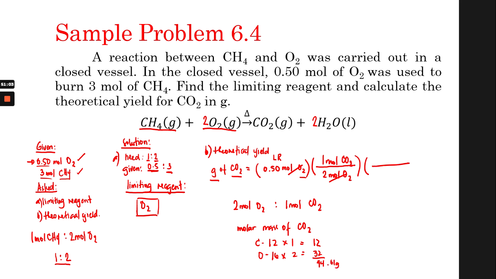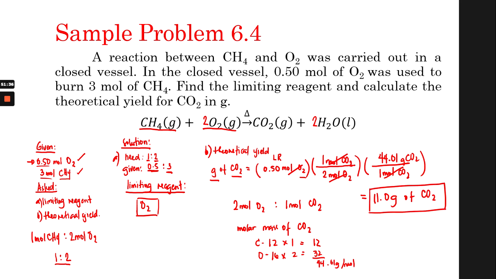So in every 1 mole of CO2, that is equivalent to 44.01 grams of CO2. So moles of CO2 get cancelled, and ultimately your answer is 0.50 times 1 divided by 2 times 44.01 divided by 1. So that is about 11.0 grams of CO2.